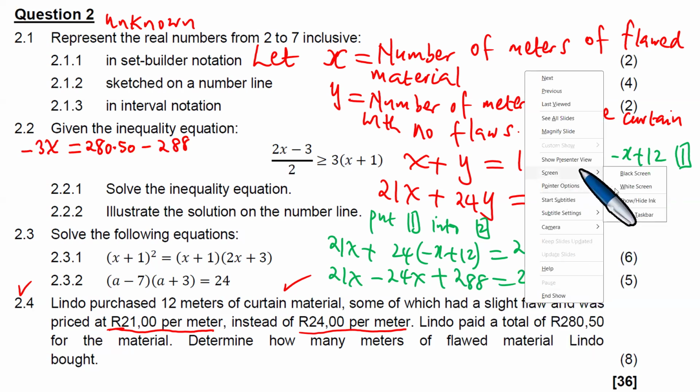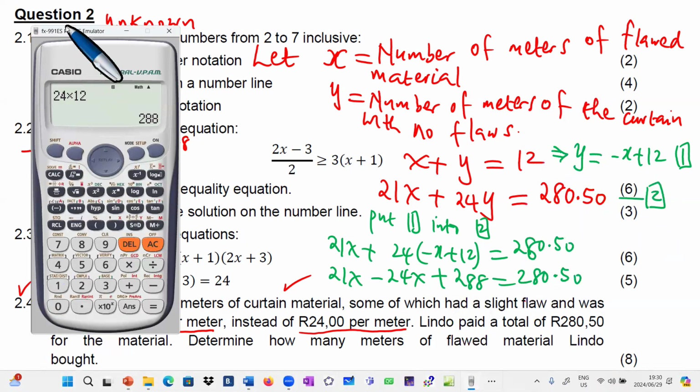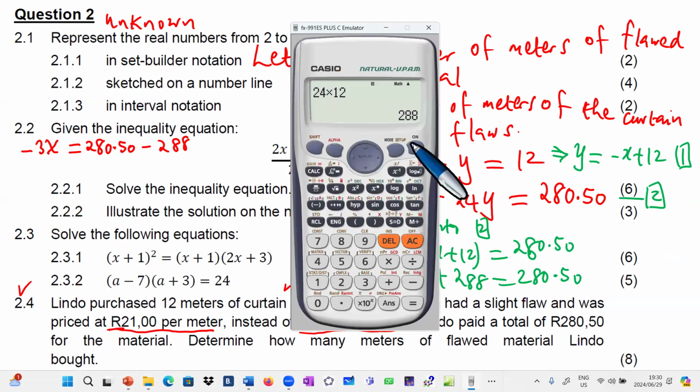So we're going to have $280.5 minus 288, which is minus 7.5. Yes. Minus 7.5.